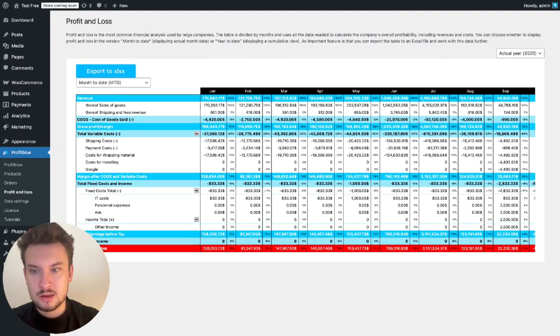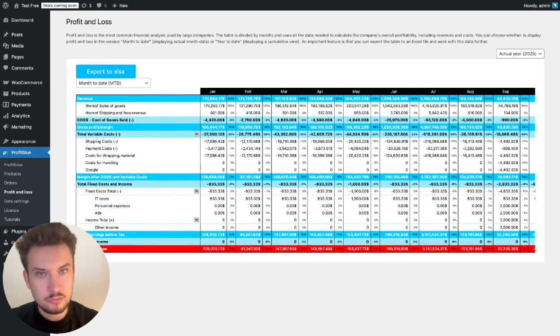Other are fixed cost and income. Fixed costs, very quickly, are the costs that stay constant over time. It can be, for example, rent of your office, rent of your store. It stays at, for example, $1,000 every single month, and it does not increase. Another thing is income. Income can be some bonuses from your suppliers.